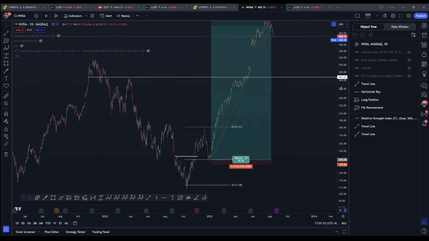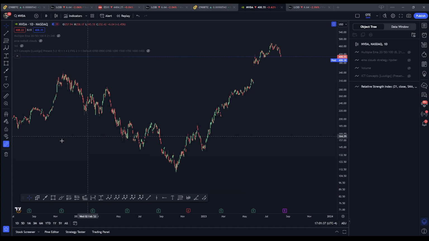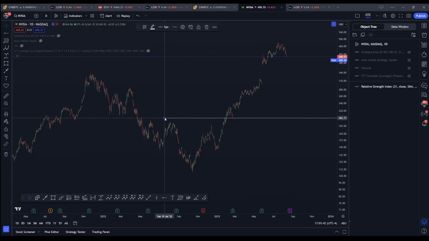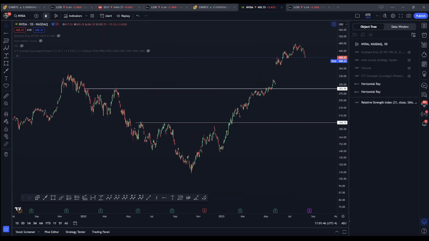Okay, so here's NVIDIA. I'll put some previous swing highs, 1 and 2. I'll put it in line chart so it's easier to identify.